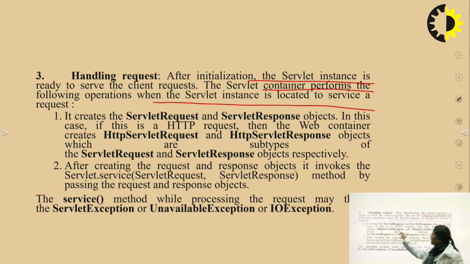Number one, it creates a servlet request and servlet response object, because a number of requests are coming from the client and the service method is responsible for executing these requests.